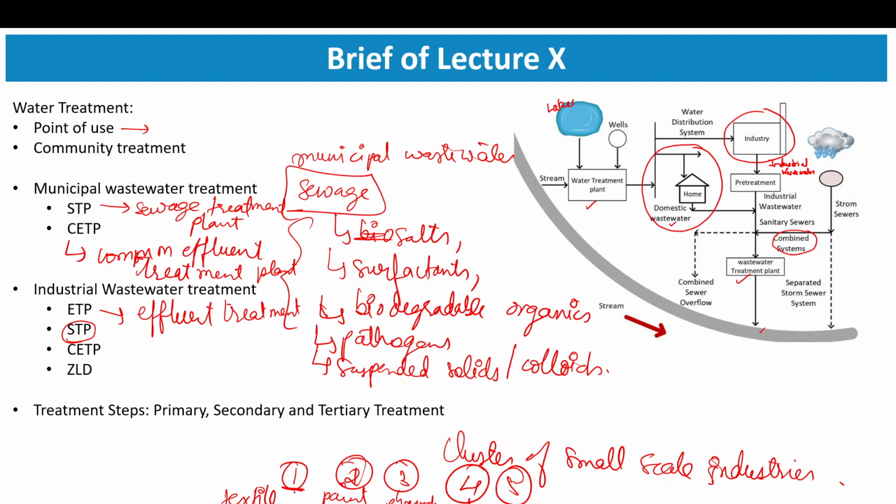Each industry needs to do preliminary treatment so that any specific pollutant present is taken care of, or there are guidelines such that, for example, only 1 meter cube per hour is allowed, which is the maximum amount this industry can dispose and send to the CETP where it is treated.